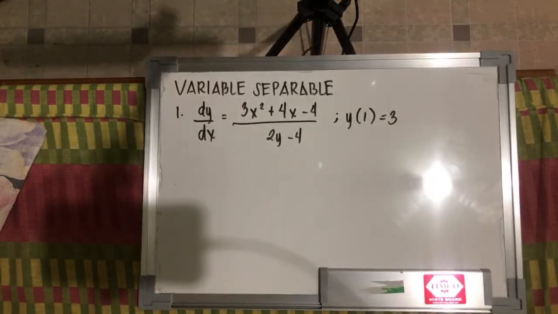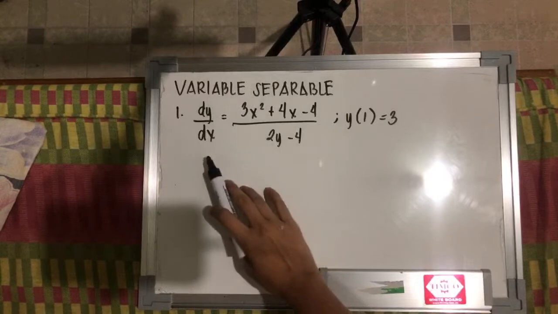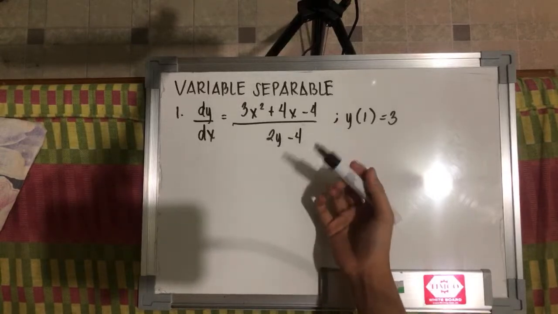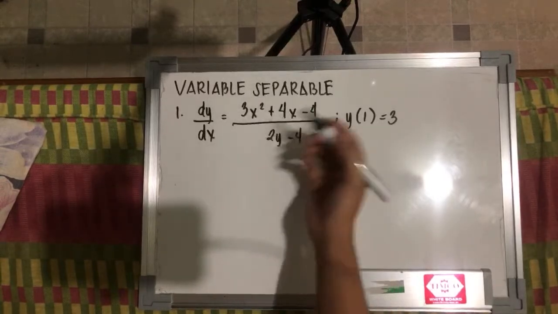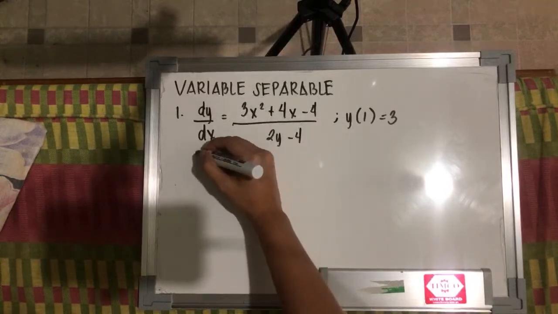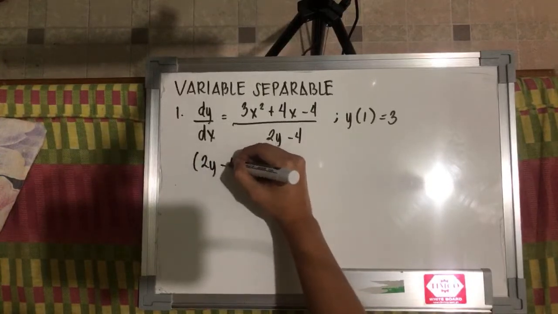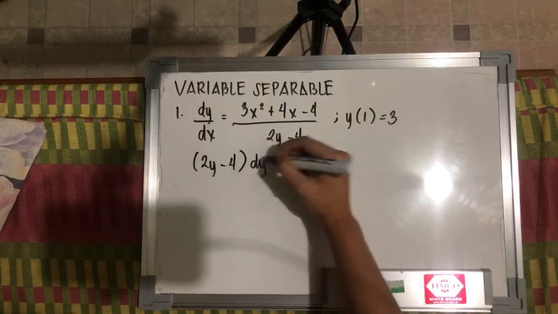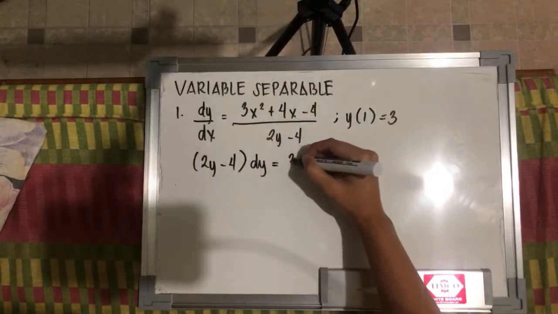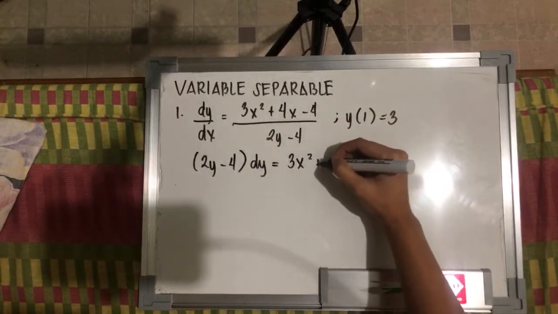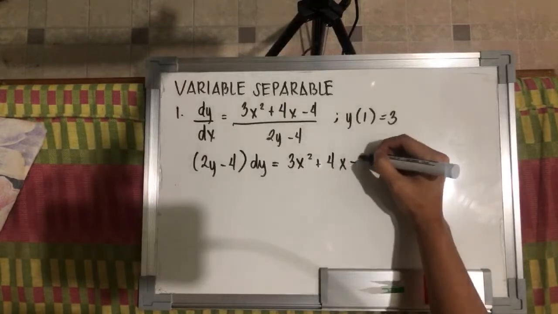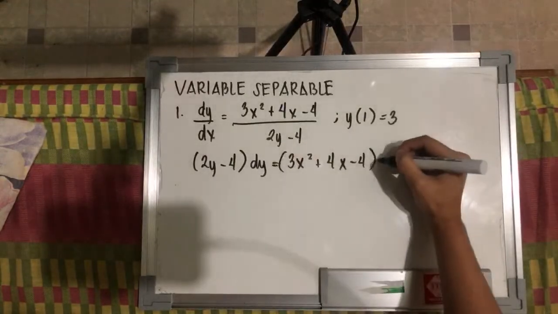So, kita naman natin dito sa equation na to na mapaghihiwalay natin si x at saka si y. So, cross multiply, kakaroon tayo ng 2y minus 4 dy is equal to 3x squared plus 4x minus 4 dx.